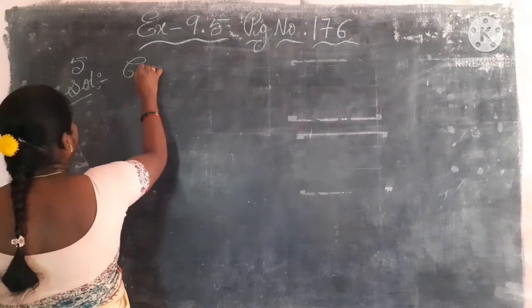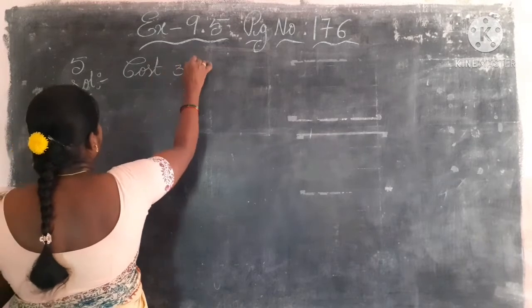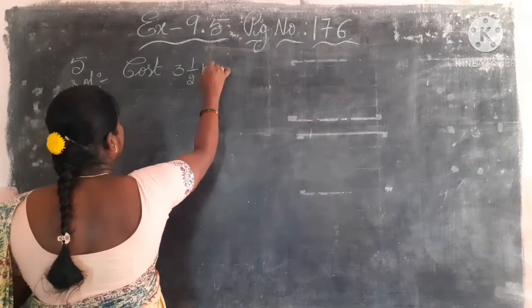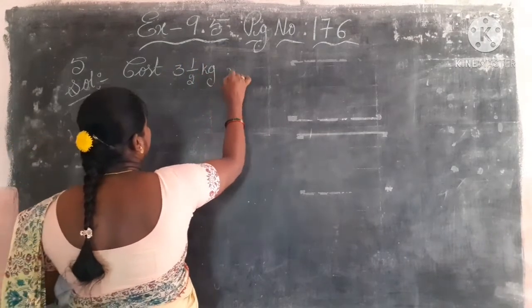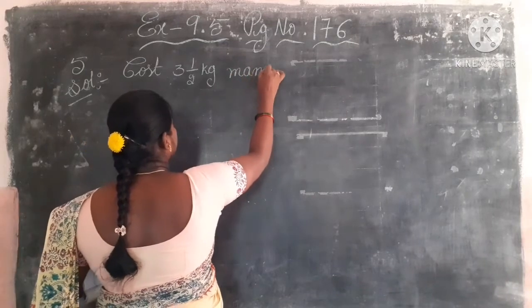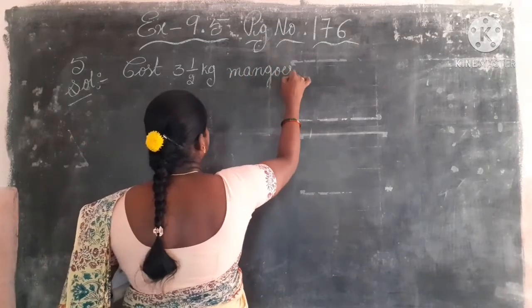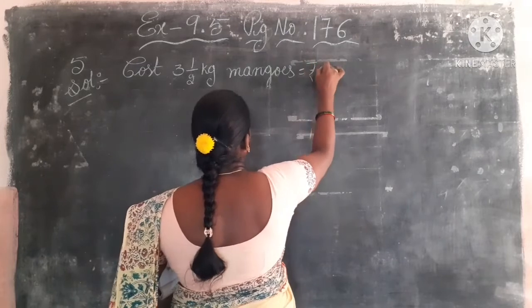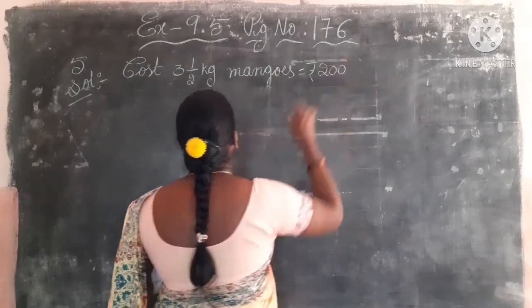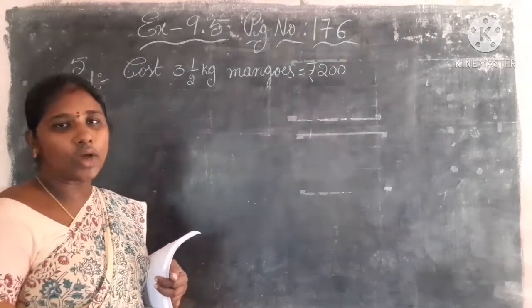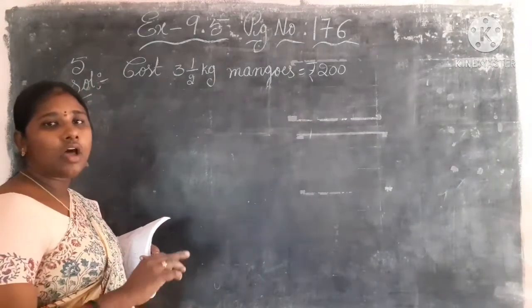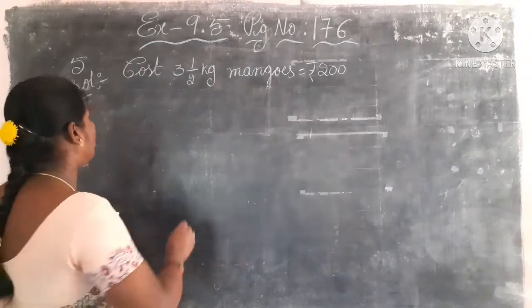Cost of 3.5 kg mangoes is equal to rupees 200. We have to find the cost of 1 kg of mangoes.